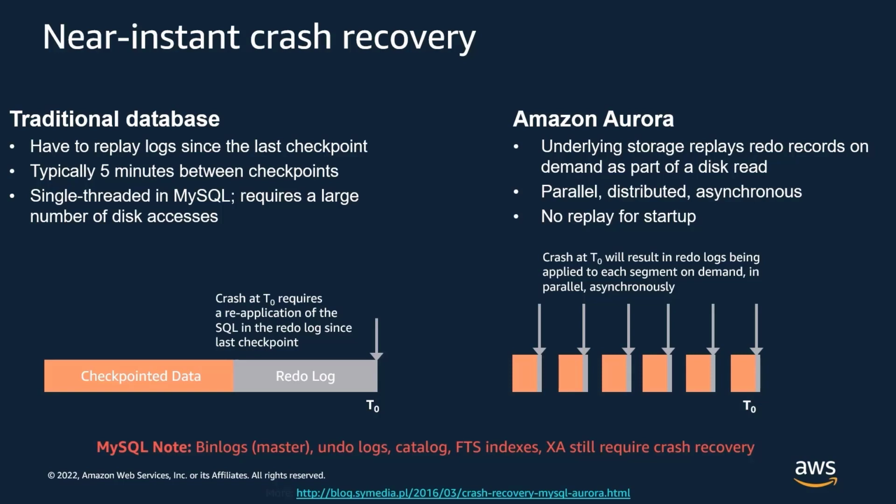These redo logs are processed in parallel and out of order. So in effect, the Aurora database recovery can be done in parallel and out of order. Compared to the serial nature of traditional database recovery, this is significantly more efficient. Because the recovery is fast, Aurora is able to become available after a failover a lot quicker.